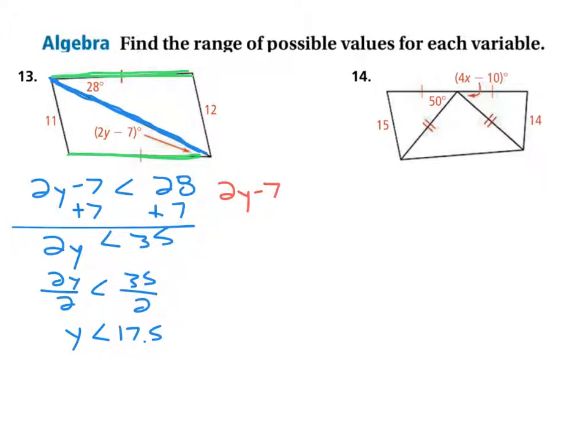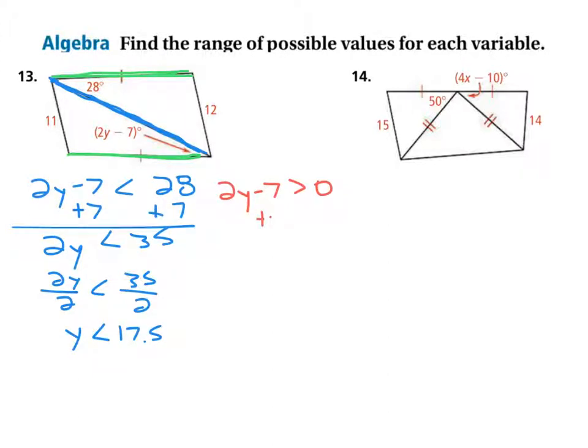So we have to say 2y minus 7 has to be greater than 0. We can't have an angle of 0 in here. That wouldn't give us any length over here. We don't know what it is, we just have to say whatever it is, it's got to be greater than 0. And once we know that, then we can solve for y.